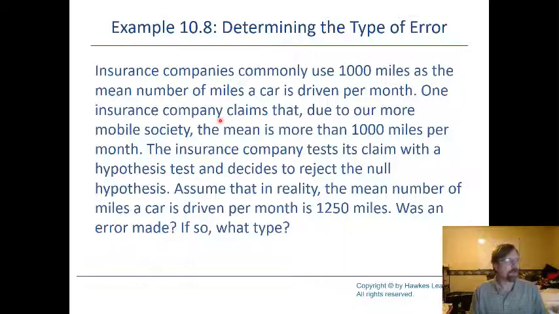It tests this claim with the hypothesis test and decides to reject the null hypothesis, meaning, well, we'll get to that. We need to, of course, figure out what our null and alternative hypotheses are. Let's say that in reality, the mean number of cars driven per month was 1,250. Was there an error, and if so, what type?